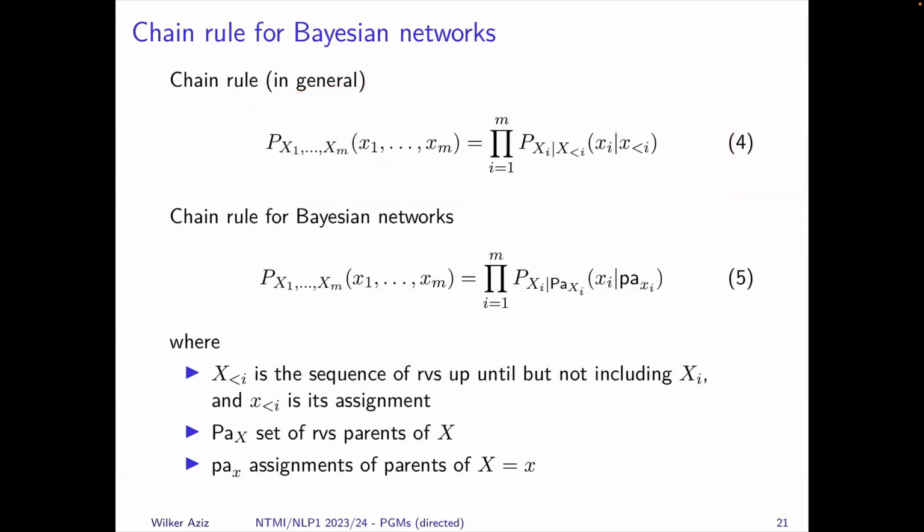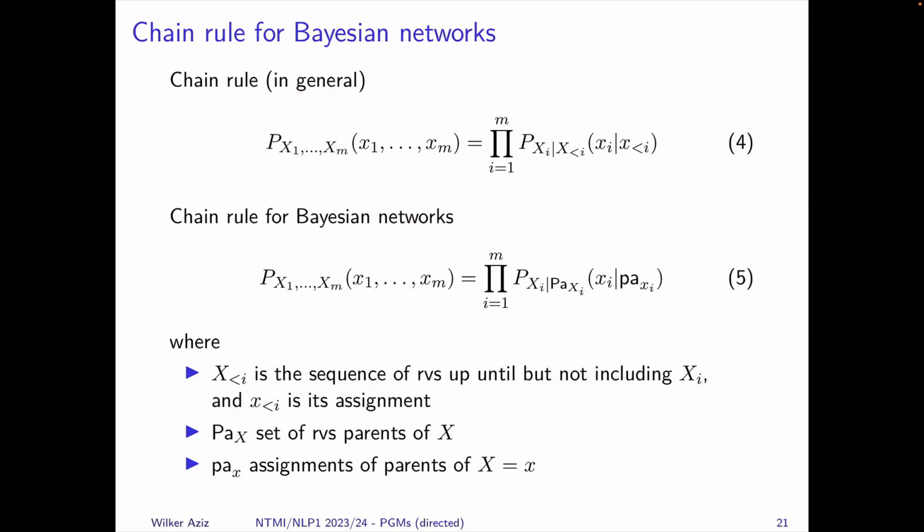When I have knowledge of a specific Bayesian network that I assume to govern my problem, to describe my problem, then suddenly for each variable that I introduce, I only need knowledge of its parents. So this simplifies the conditioning context because the parents of the random variable are going to be a subset of all random variables. Okay, so that's the chain rule for Bayesian networks.